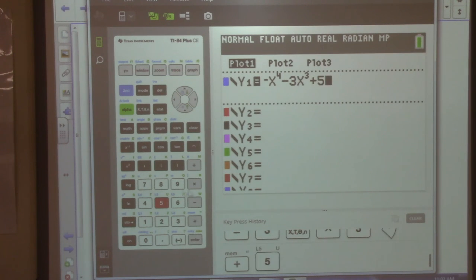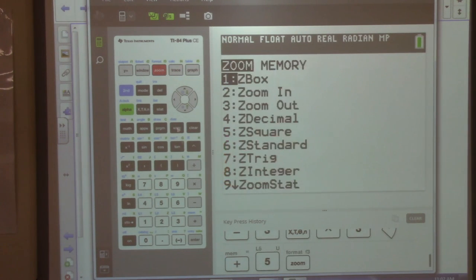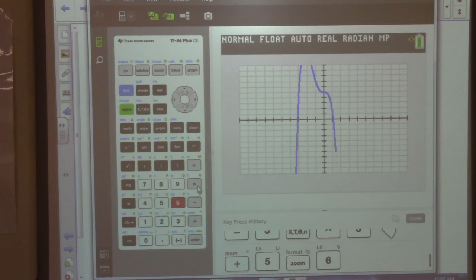If we go to like zoom 6, we can see here that that would be a candidate. But then we have this -3 and we have this 1.5, right?